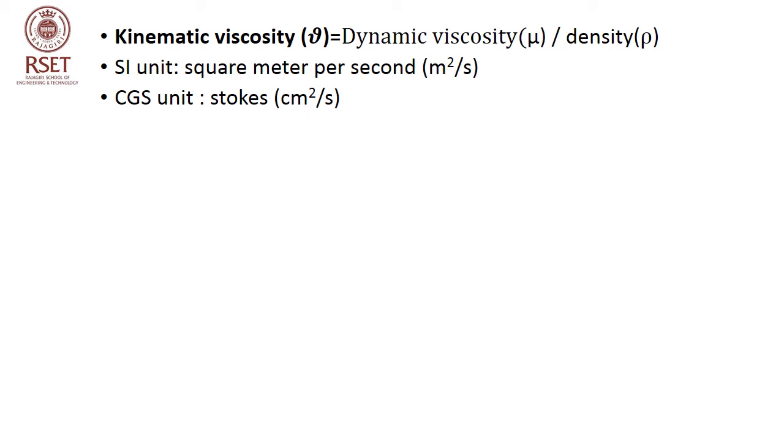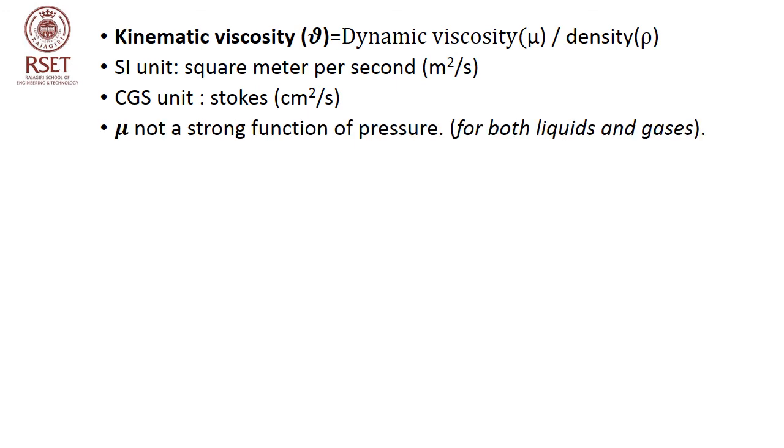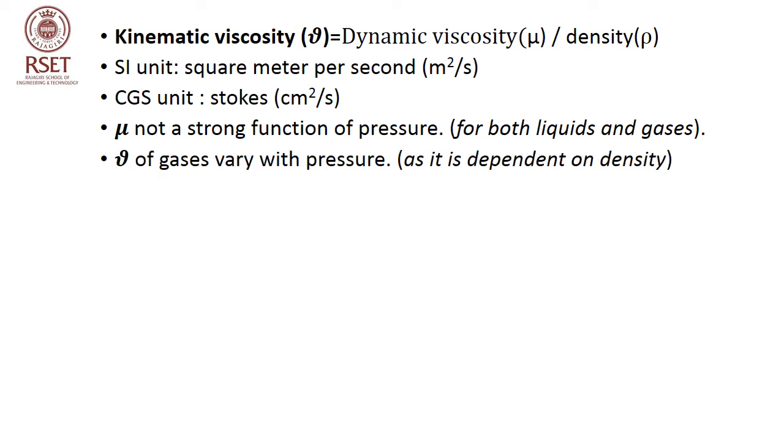Another name for that one is stokes. Now the variation of mu is not that strong as there occurs a change in pressure. But in the case of kinematic viscosity for gas, the value varies with pressure, since it depends on density.